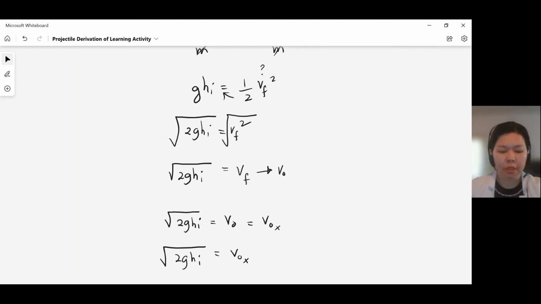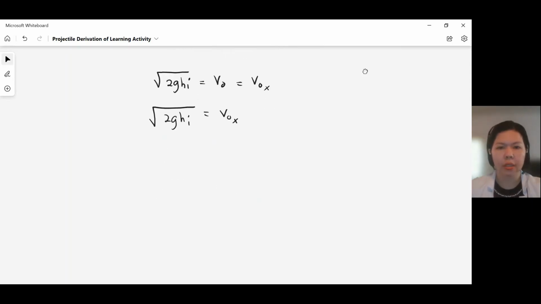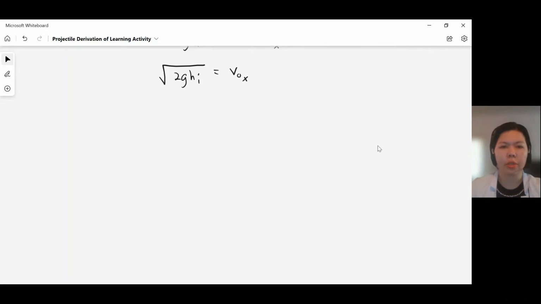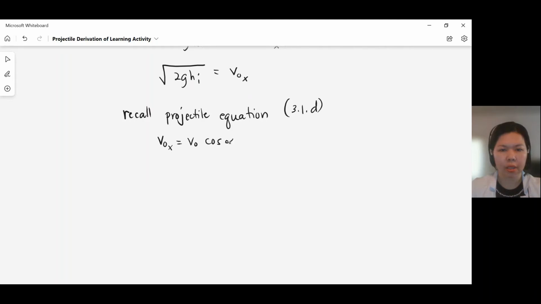Now in projectile motion derivation, recall 3.1.d. We now go to the projectile motion equation 3.1.d, and that's v naught x equals v naught cosine alpha naught.